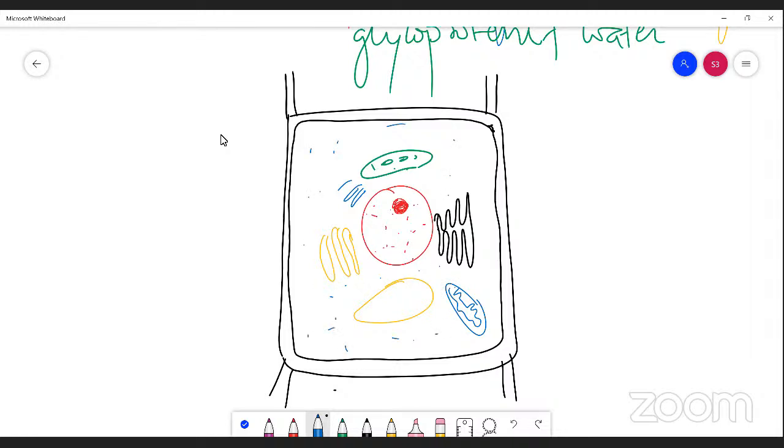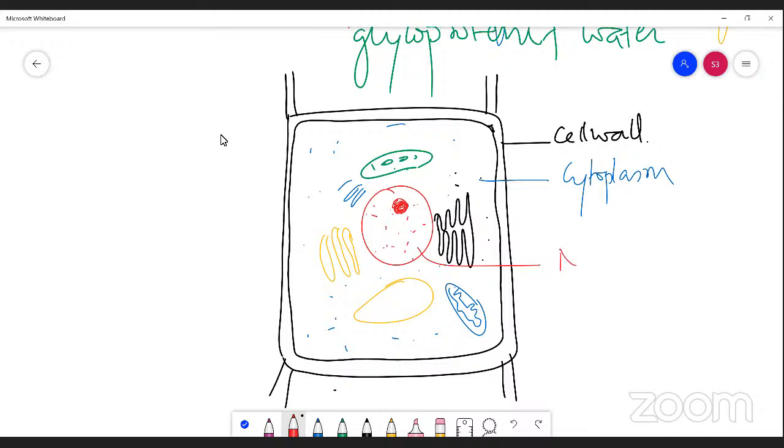I have drawn the structure of the plant cell, and let me point out the outermost layer of the cell. This is called the cell wall. The outermost layer is called the cell wall, followed by this fluid substance, which is called the cytoplasm. At the center, the red color indicates the nucleus.